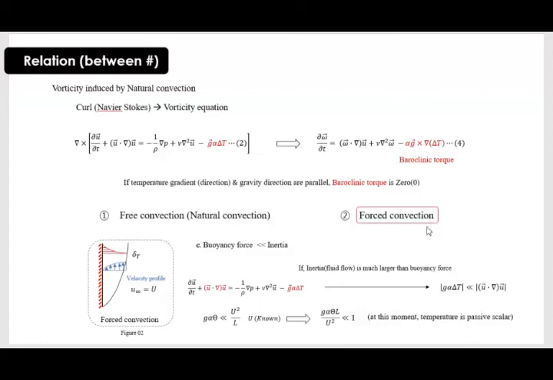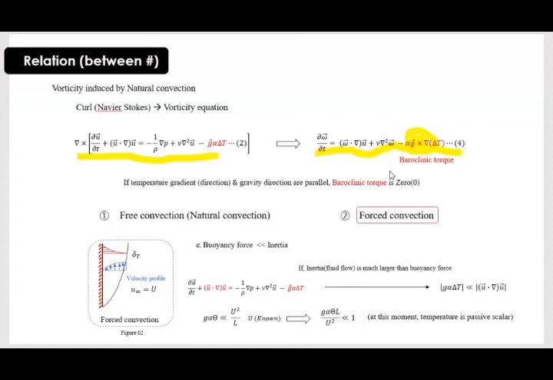Lastly, it can be confirmed that vorticity is also generated by free convection. If you take the curl of the Navier-Stokes equation, the following expression appears, where the final term becomes vorticity due to free convection and is called the baroclinic torque.